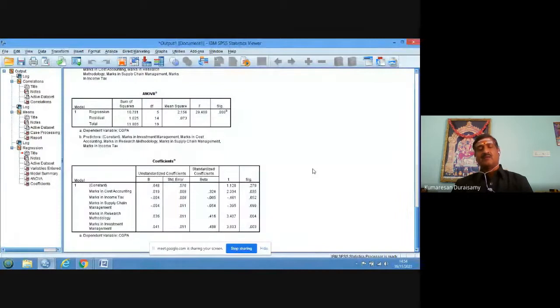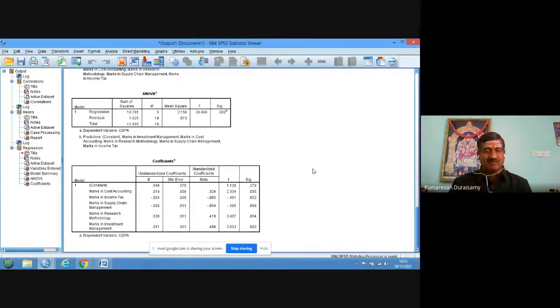Normally, while performing the regression analysis, we write the regression equation. Regression equation of y on x means y is the dependent variable and x is the independent variable. That is why y on x, y dependent on x.